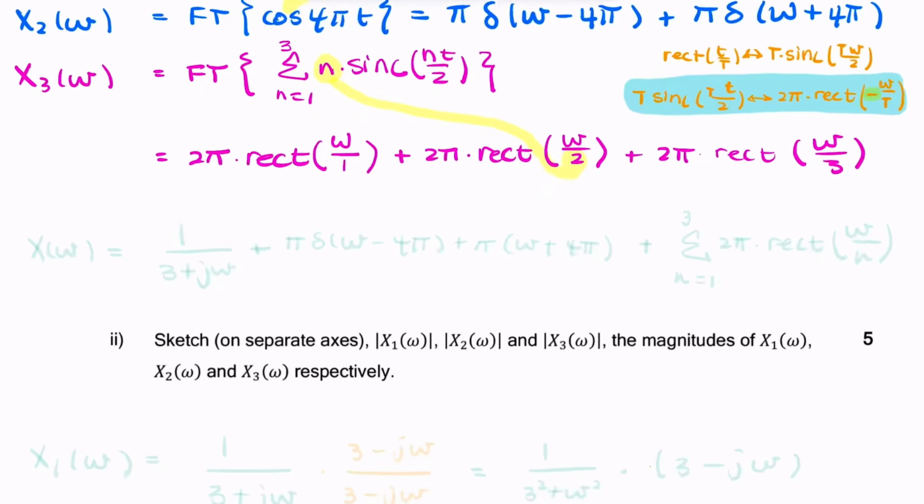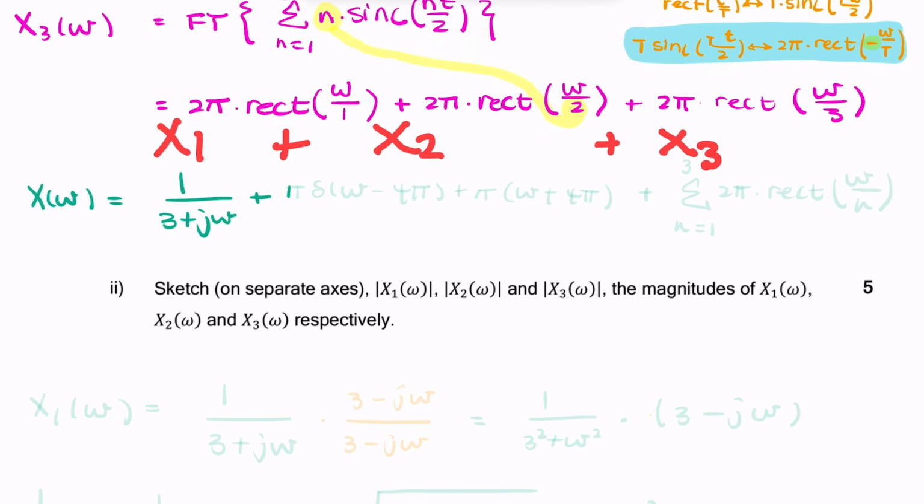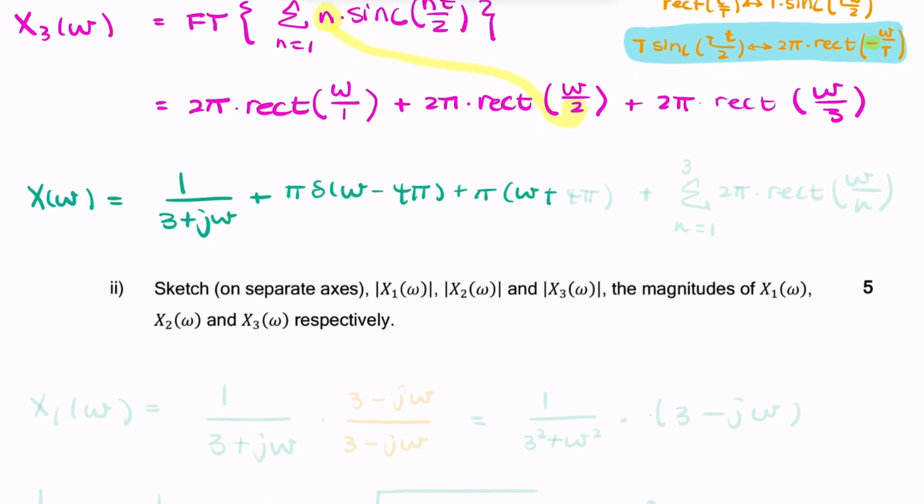So the final step would be to write x of omega, because the question, remember, asked for the Fourier transform. So we need to write our final expression for x of omega as x1 plus x2 plus x3. So it's 1 over 3 plus j omega plus our two impulses at omega minus 4 pi and omega plus 4 pi plus our three rectangular functions.